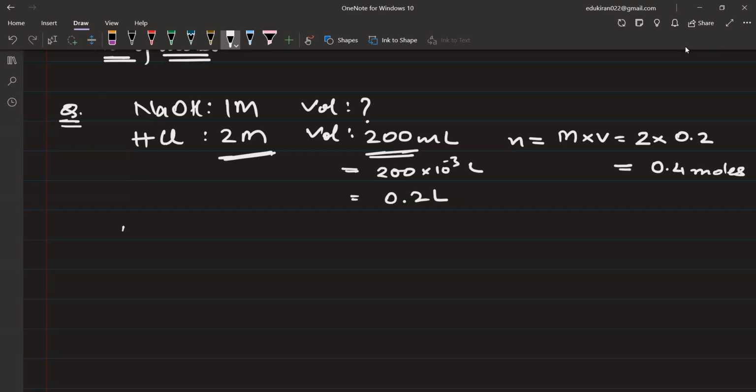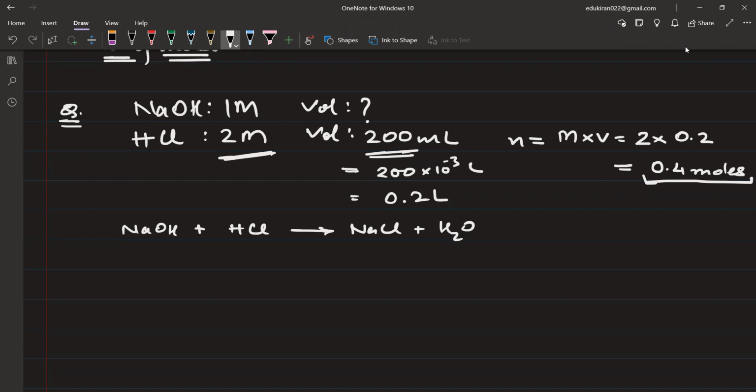Now you write the reaction: NaOH plus HCl gives me NaCl plus H2O. We will write the need statement first, because we need to find the amount of NaOH, according to the amount of whatever reactant we have.